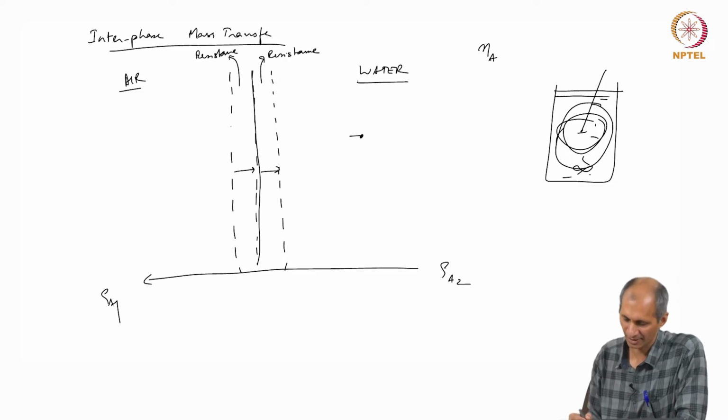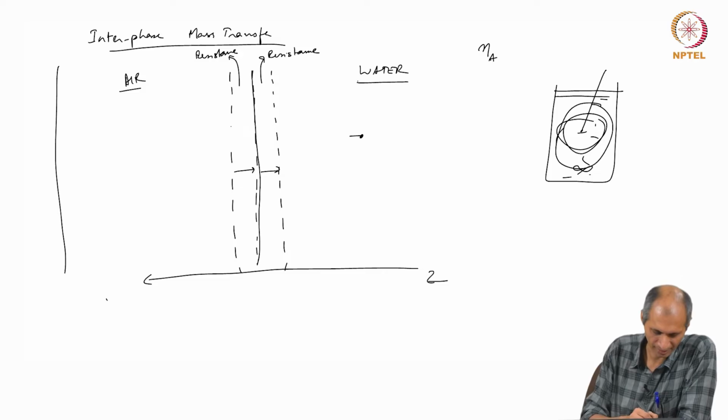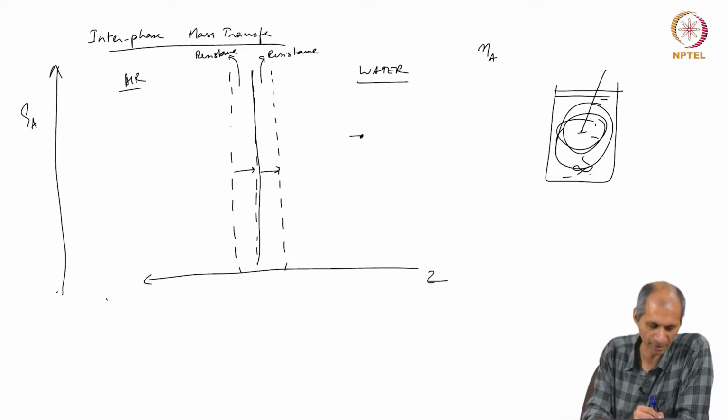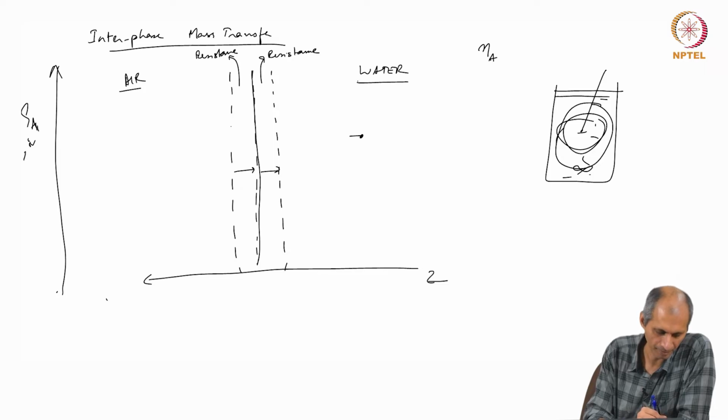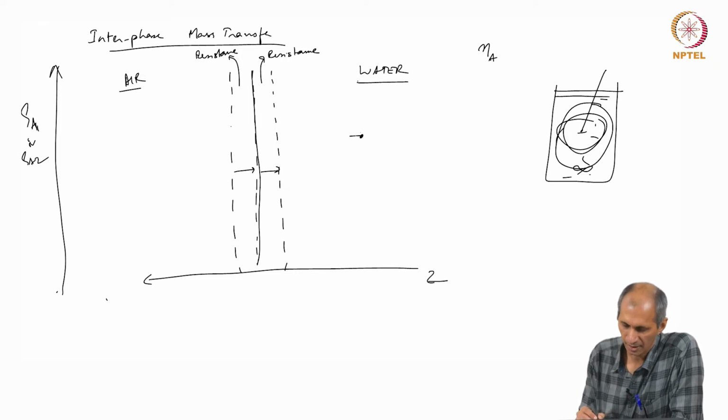Sorry, this is z. This is the scale of concentration, both rho A1 and rho A2. What will it look like when it is well mixed?